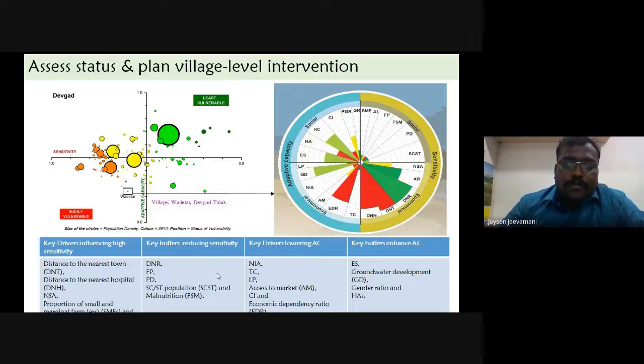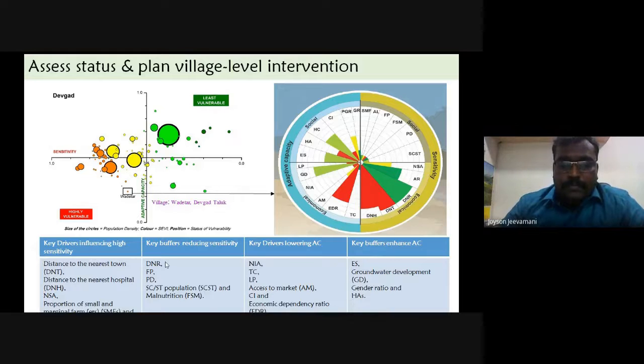This final table below is the overall picture for Sindhudurg. Using this analysis, we find that the key drivers, or indicators, for high sensitivity are distance to the nearest town and distance to the nearest hospital, which means most of the villages don't have a hospital or are far away from the nearest towns, and there is a high proportion of small and marginal farmers.